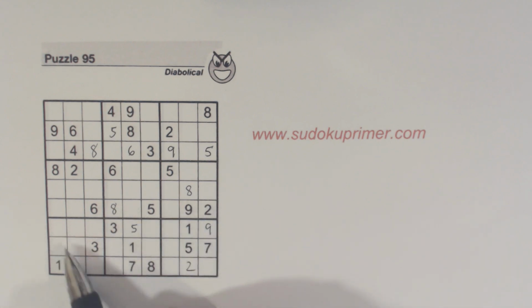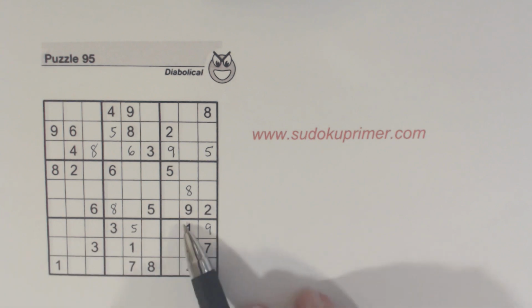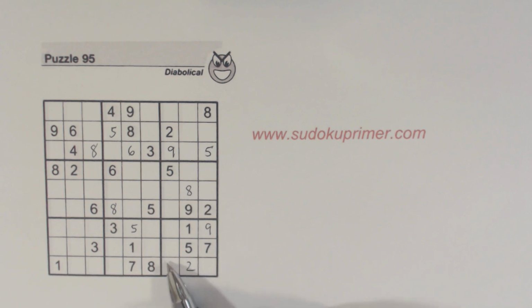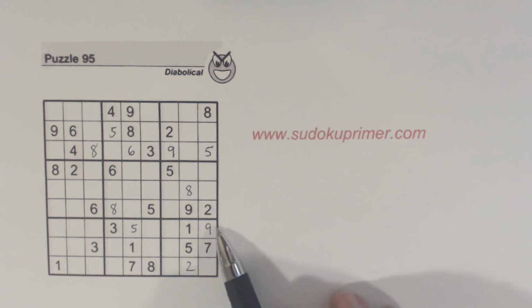So we use a technique called double row elimination here, because if one of these is a 6 and one of these is a 6, then in this box the 6 can't be here or here, so it has to be one of these. So we have 3, 6 twins here. So that's how we got that 9, because we knew these are 3, 6 twins, and that can't be a 9.